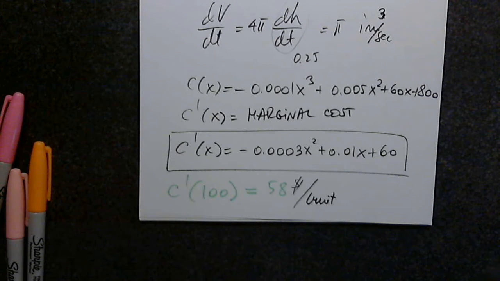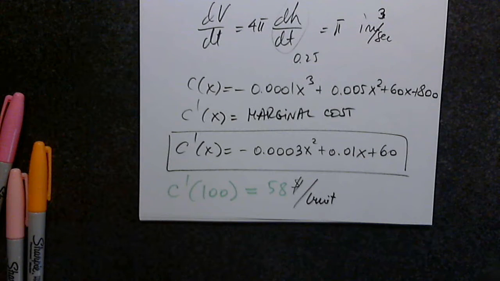This is the rate of change of cost with respect to number of units, or per unit, better, when we manufacture 100 units.